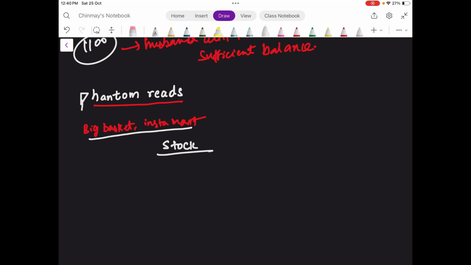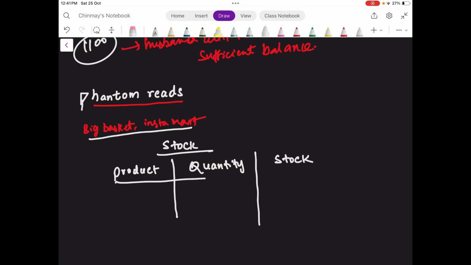There is a product, quantity, and price.